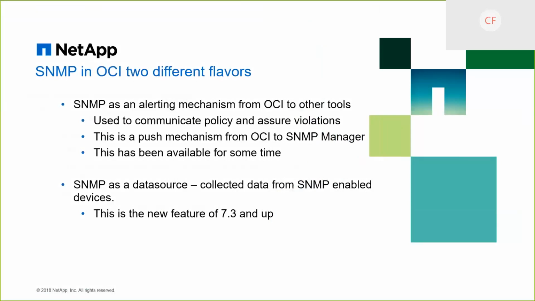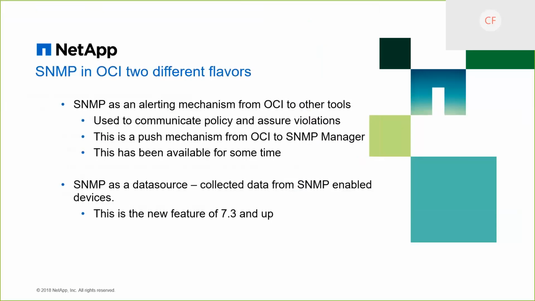And these alerts are typically kept within OCI, but a lot of times people want to have these alerts forwarded onto more overarching management tools. And this can be accomplished via SNMP. So that's the first thing we're going to talk about: enabling SNMP as an alerting mechanism.